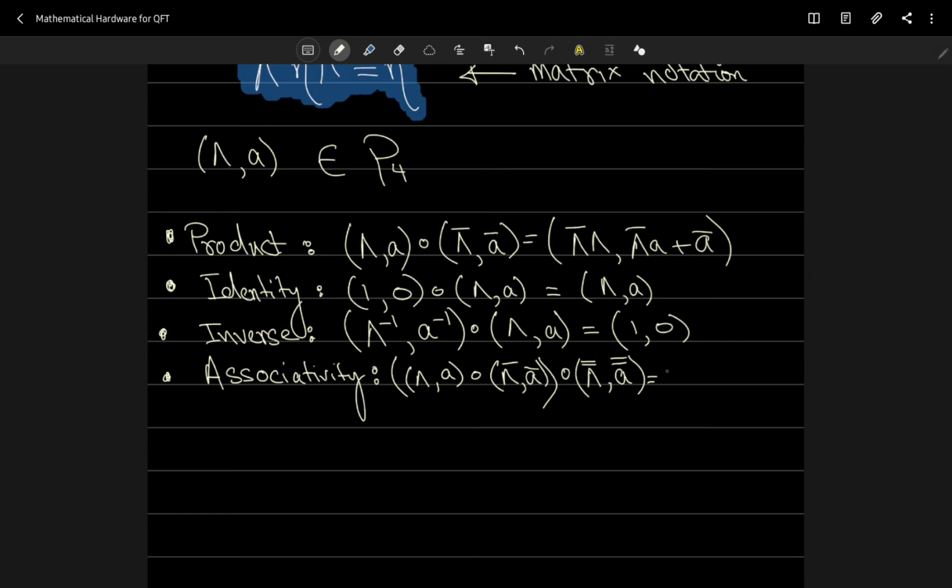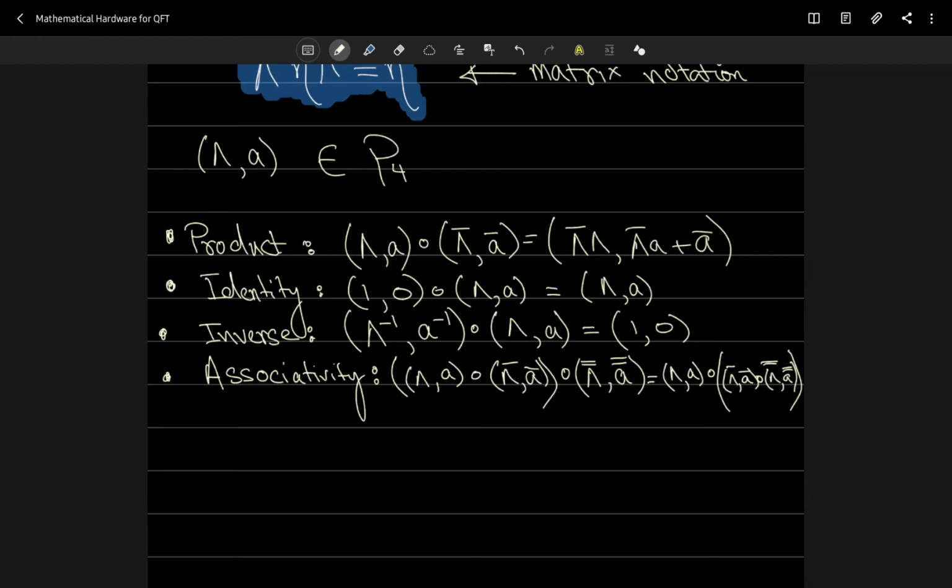That is the same as if I were to do lambda A composition with this composition in bracket, that is lambda bar A bar composition lambda double bar A double bar. It kind of got congested, but I hope you can still see, or that's why I was repeating what I was writing.